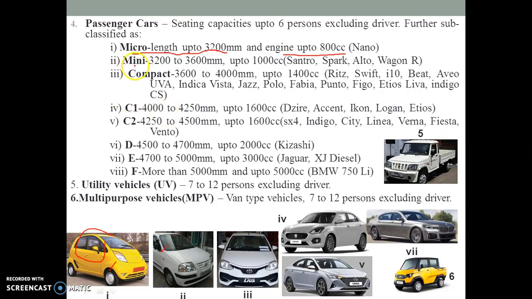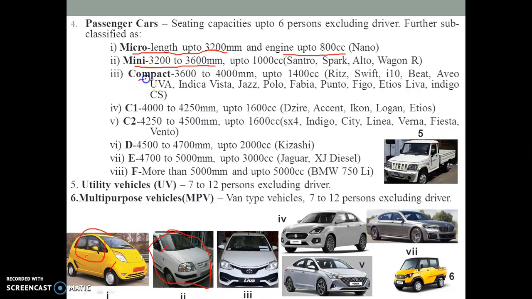Then mini cars have a length between 3200 to 3600 mm, and up to 1000 cc. Generally, Santro, Spark, Alto, Wagon R cars are under this category.